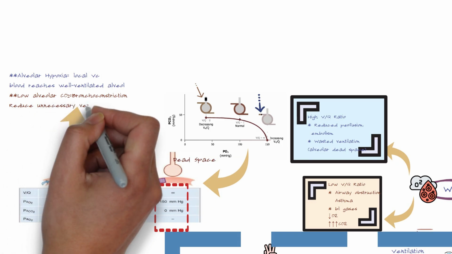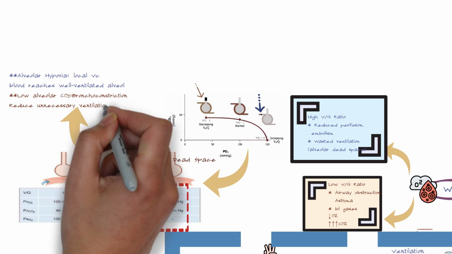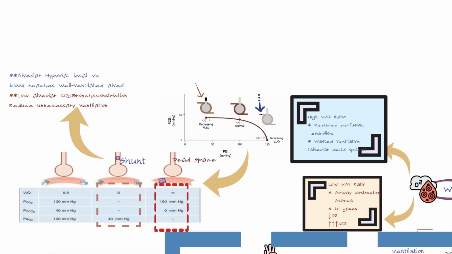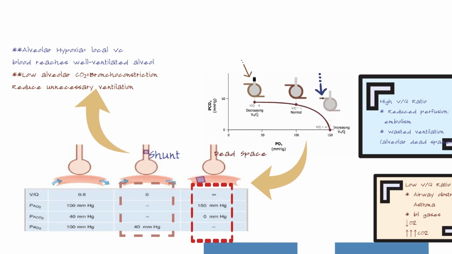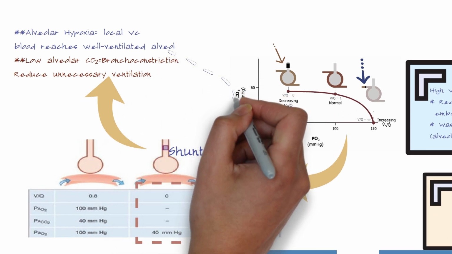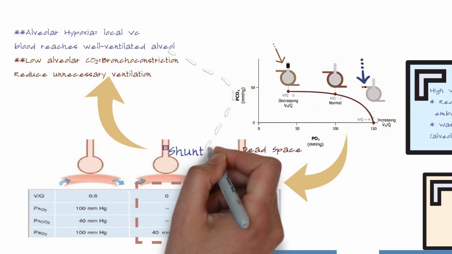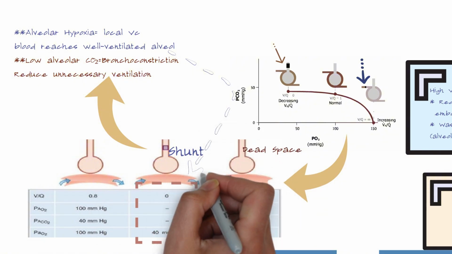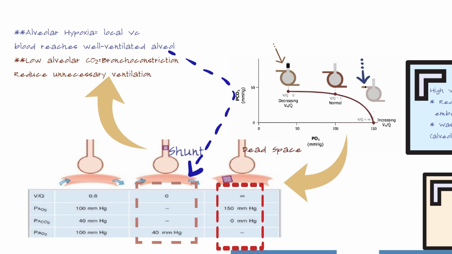As for the dead space, to regulate this, the hypocapnia will constrict the bronchi. So if we have a blockage in the blood vessel, the bronchi should be blocked, redistributing the air to the alveoli which have a blood flow.